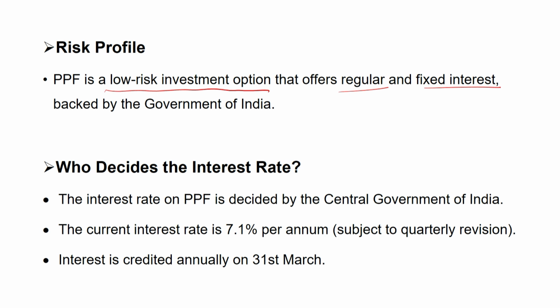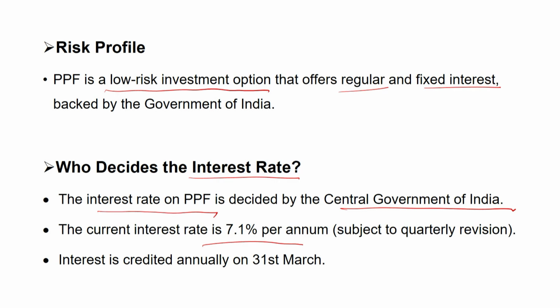Now let us understand how the interest rate that you get from the PPF investment is decided. The interest rate on a PPF account is decided by the central government of India, as the scheme is backed by the government of India. The current interest rate is 7.1% per annum, which is subject to quarterly revision by the government of India.